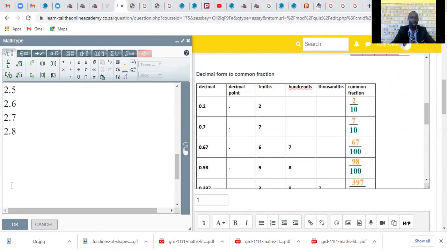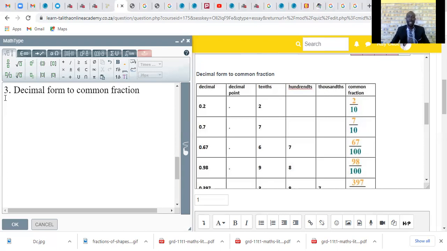So how do we do that? Well, that is going to lead us to part 3. In part 3, we want to find a way of writing a decimal fraction, or a fraction in a decimal notation, as a fraction in a common notation, also known as a common fraction.